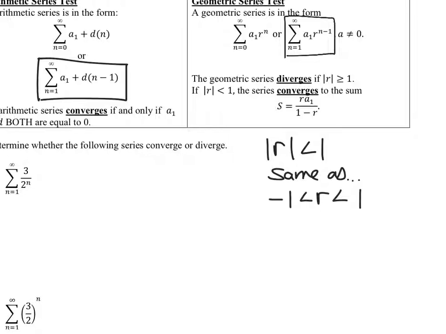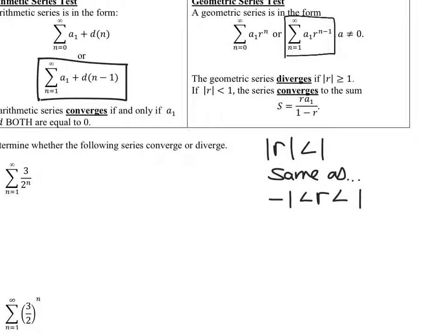When you have an absolute value in inequality form, there are rules that come into play. This is the rule that we care about right now. So if our R value is between -1 and 1, we're in good shape.